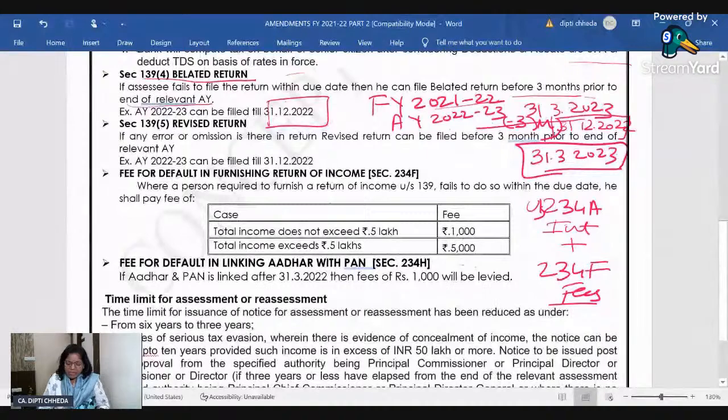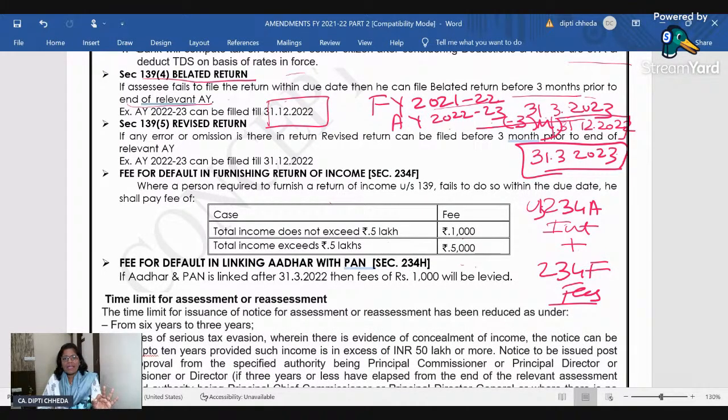Fee for default in linking Aadhaar and PAN, section 234H. Now, this has been going on since long because of the pandemic; Aadhaar and PAN should have been linked by 2020, then 2021 and so on.